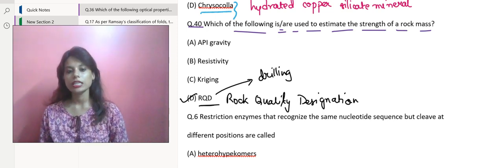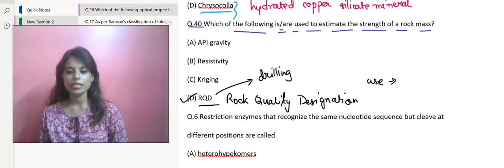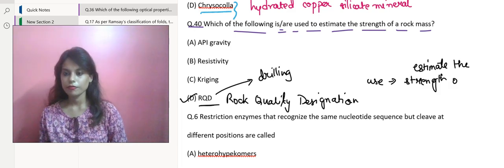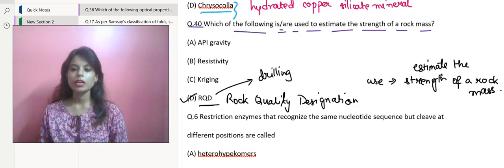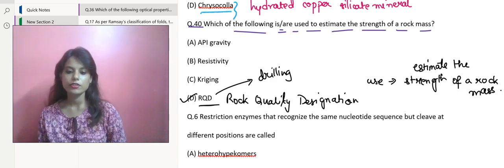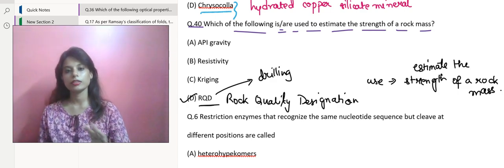Now RQD, what is its usefulness? RQD is used to estimate the strength of a rock mass, because RQD provides information about the degree of jointing and fracturing within the rock.